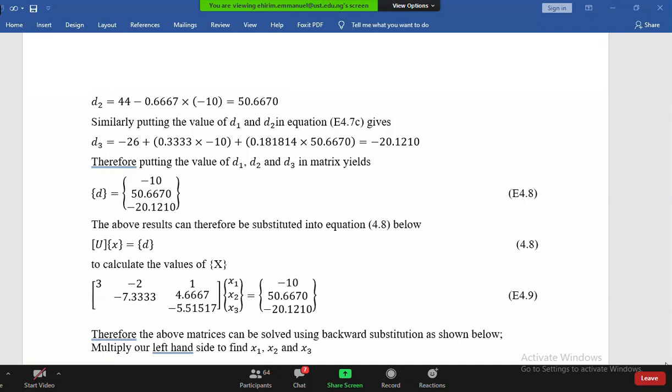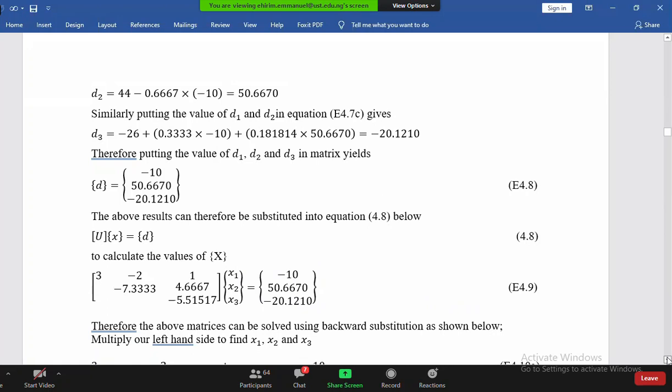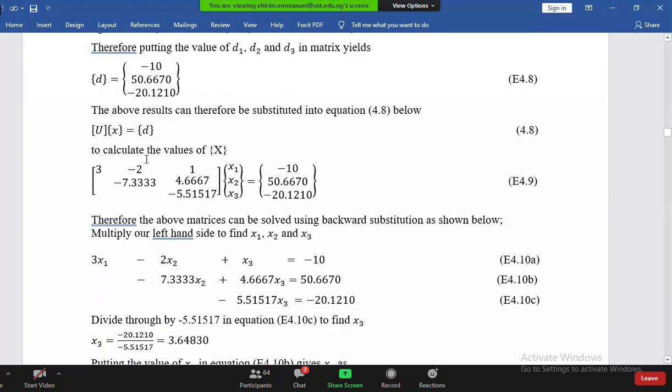So if you do back substitution, we can write out the equation.